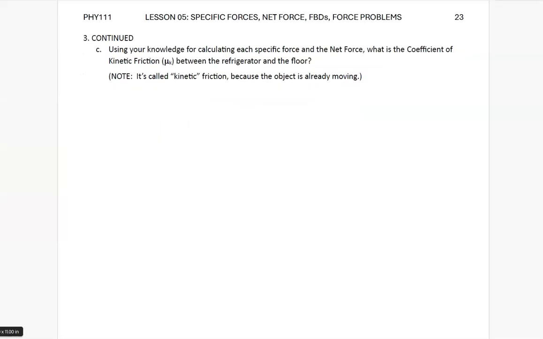Now, before you solve this part of the question, you might have said, well, I don't know how I could have calculated that the net force was a different number than the applied force and used that to figure out that there was a frictional force. Well, we tell you in this part of the problem, there is a frictional force. And how do you know? Because we're asking you for the coefficient of kinetic friction. So if there's a coefficient of some kind of friction, there must be a frictional force.